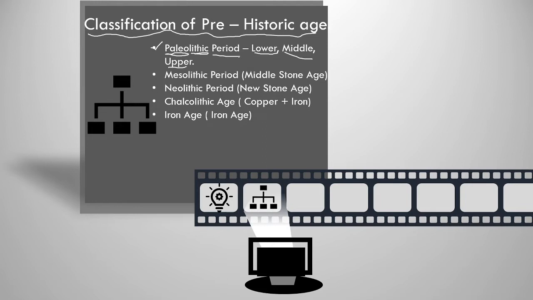Okay? Now next is Mesolithic period. Meso means middle, lithic means stone, and period you can also say age. Alright? Now next is Neolithic age. Neo means new, lithic means stone, period means age. Okay? Next is Chalcolithic age.